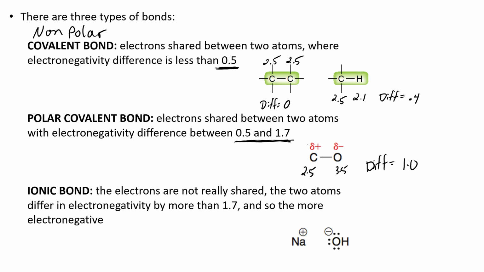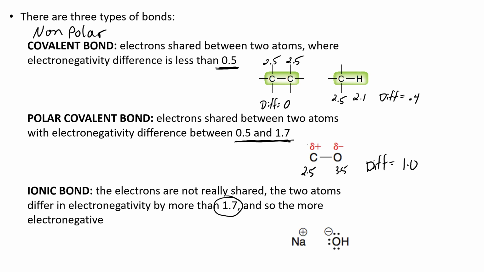And ionic bonds result when we have an electronegativity difference greater than 1.7. So if you do the math, you can calculate the difference, and we see that an ionic bond, with such a high electronegativity difference, results in the transfer of one of those electrons.